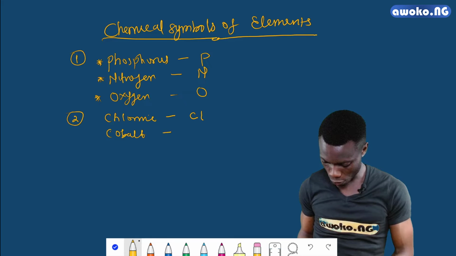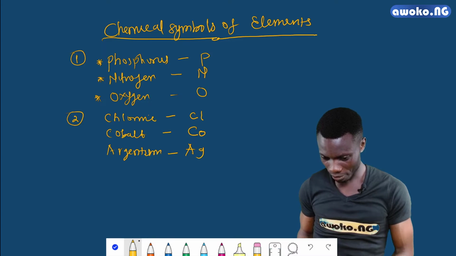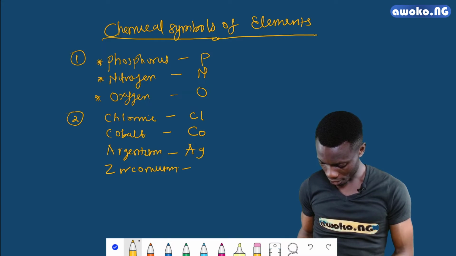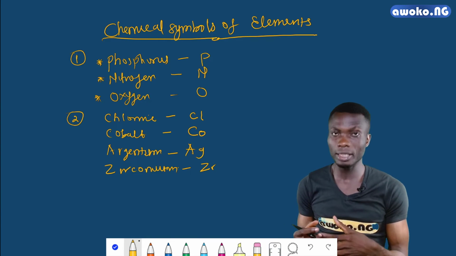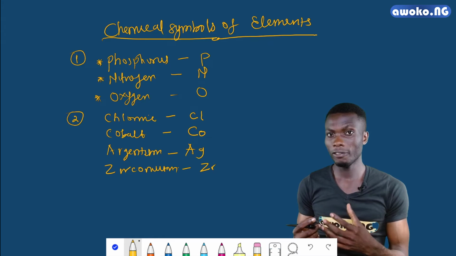Cobalt is a combination of C and O. We have argentum. It's a combination of A and G. We have zirconium, Z and R. So these names are now derived by a combination of the first letter and another letter.